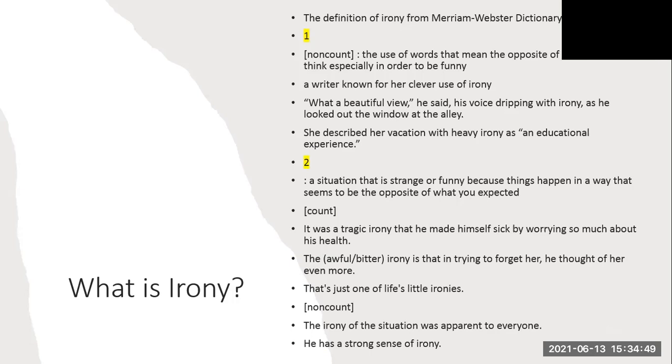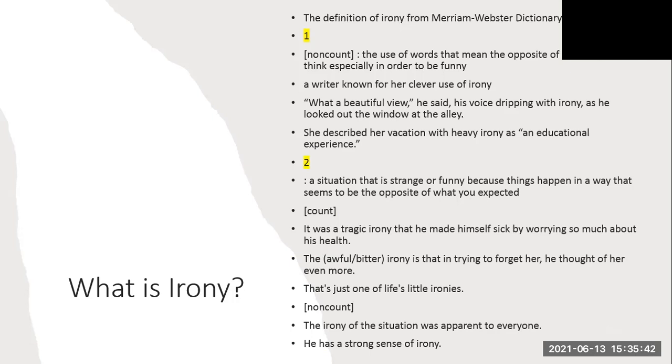Look at examples that will clarify to you the meaning of al-mufarqa. It was a tragic irony that he made himself sick. How? By worrying so much about his health. So a person is worrying so much about his health, but this person fell sick. دي مفارقة. Or the bitter irony is that in trying to forget her, he thought of her even more. You try to forget a person, so you find yourself thinking of this person more and more. Again, this is irony. This is mufarqa.